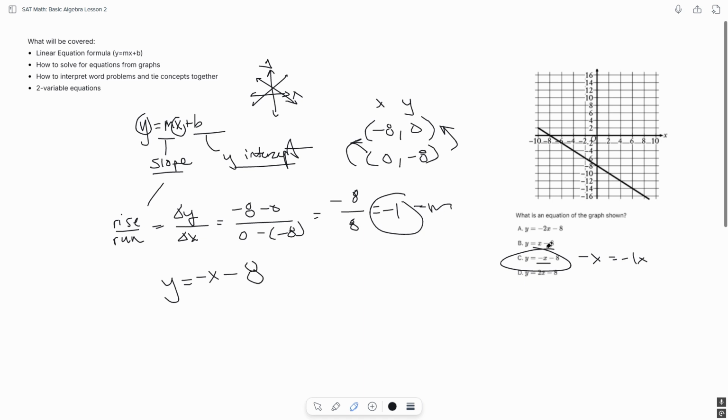Doesn't matter. At least for this question, you only need to find the slope. But good to do the whole thing anyways if you have time. If there's no questions about that, we can get started with the next question.